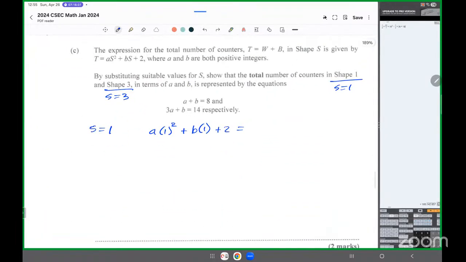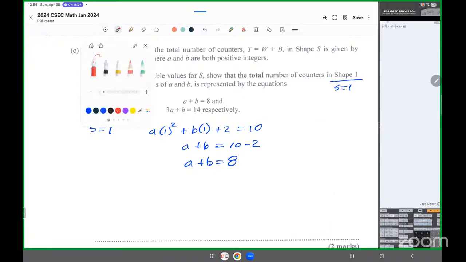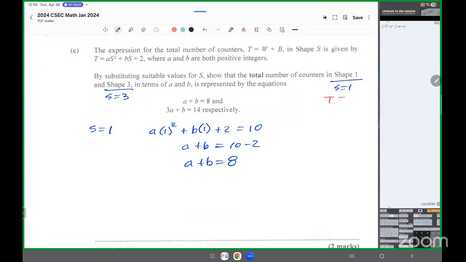That's equal to 10. So you get A plus B, and subtract the 2 over here. So A plus B equals 10 minus 2, so A plus B equals 8.